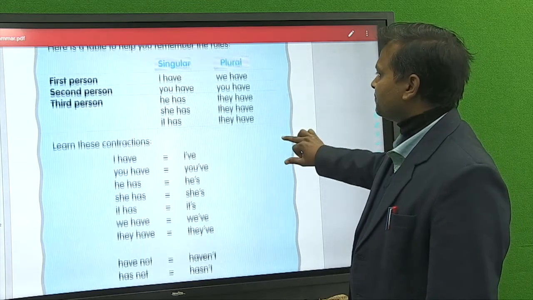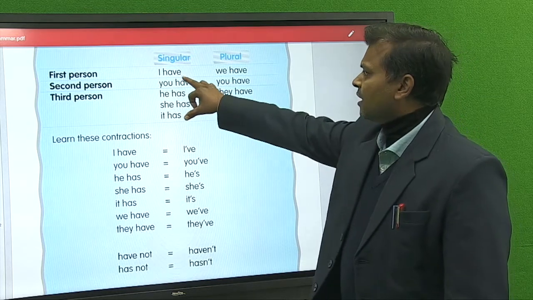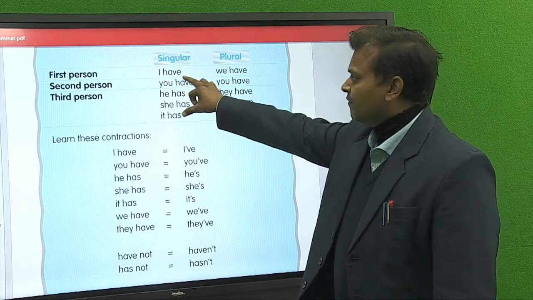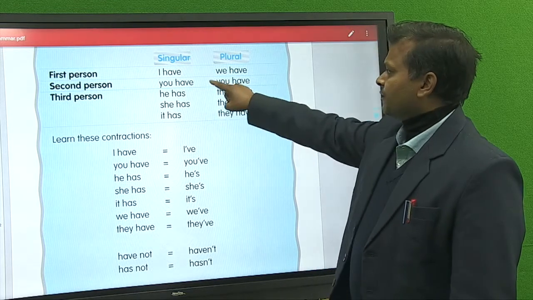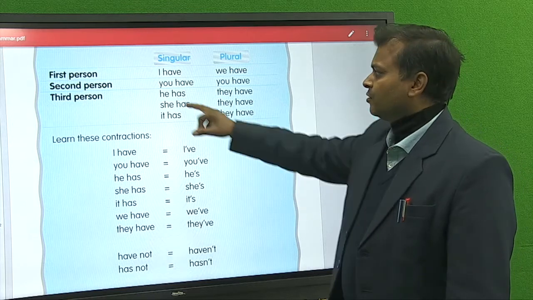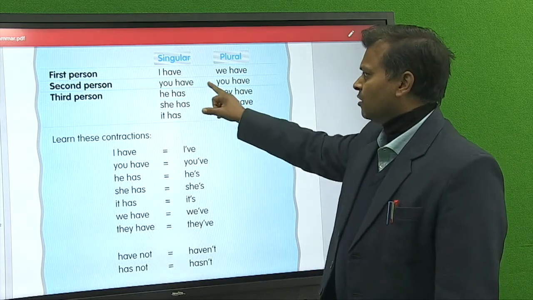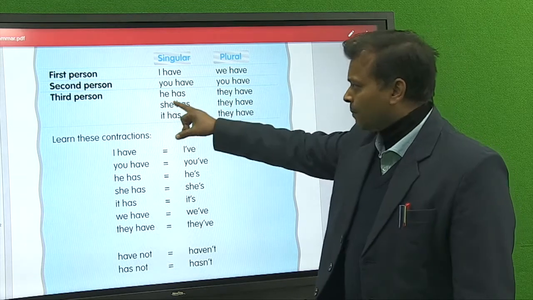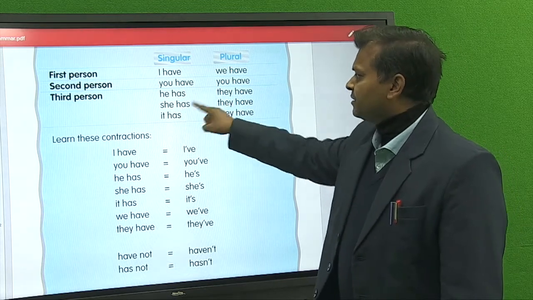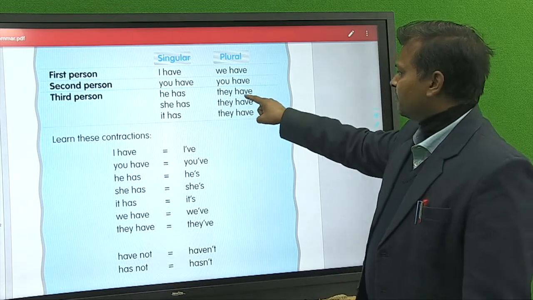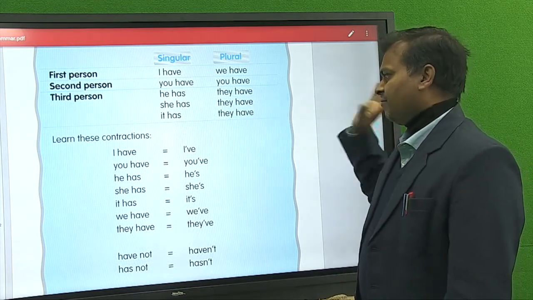Let us see. First person singular is I, with I we will use have. First person plural number is we, and with that we will use have. Second person, you and you. With both you and you, we will be using have, right? And third person singular number, he has, she has, it has, and similarly in the third person plural number, they have, right?